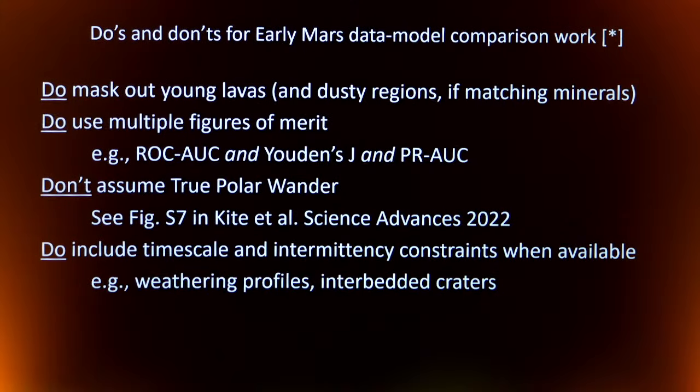I would advocate against assuming true polar wander, and the reason for this is that we don't know if true polar wander occurred. And timescale and intermittency constraints can be as powerful as the geographic distribution in ruling out paleoclimate models. So these are just my opinions, but I'd encourage considering these points in future data model comparison studies.